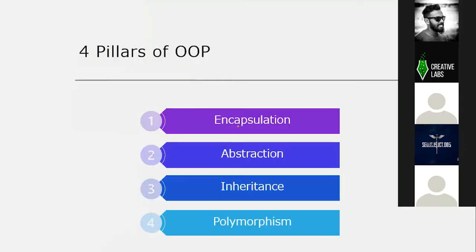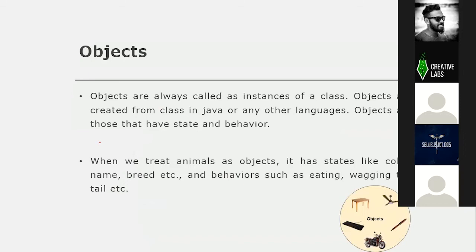The first concept is called the four pillars of OOP. We have four basic concepts: encapsulation, abstraction, inheritance, and polymorphism. But to understand these, we need to be clear about two other topics, which are objects and classes.